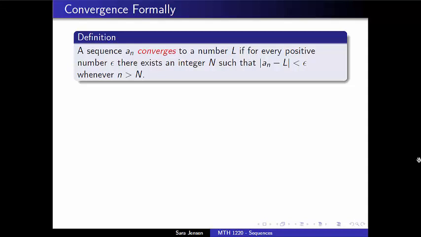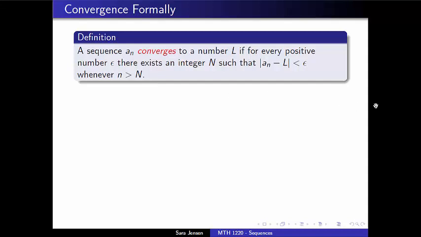So very formally, a sequence a sub n is going to converge to a number L, the L is the limit, if for every positive number epsilon, that's what this little E-like symbol is, it's the Greek letter epsilon, there exists an integer big N such that, and let's read those absolute value signs as difference or distance, such that the distance between the term and the limit is less than epsilon, as long as the index on the term is greater than the big N.